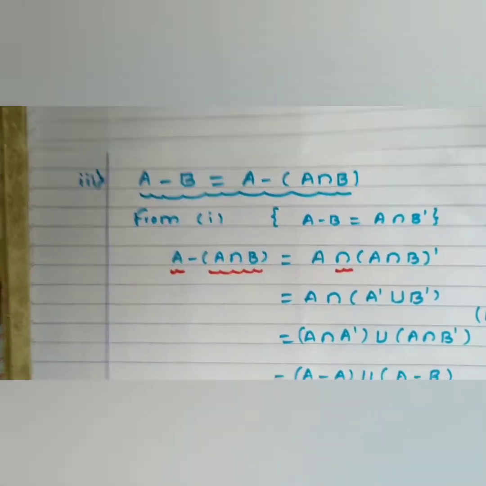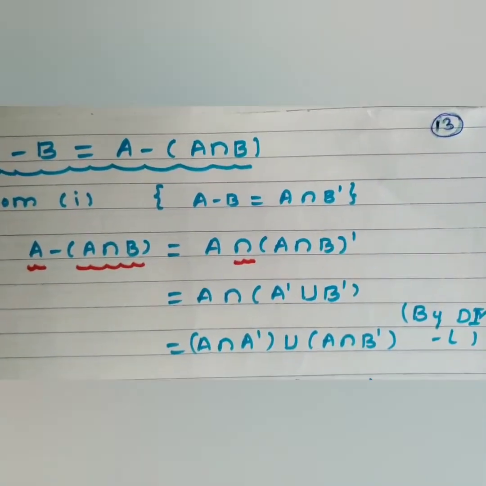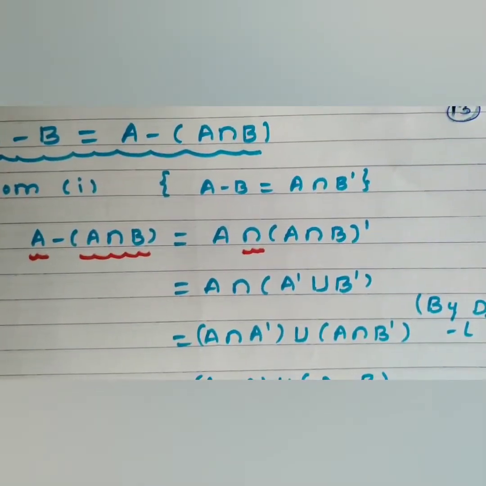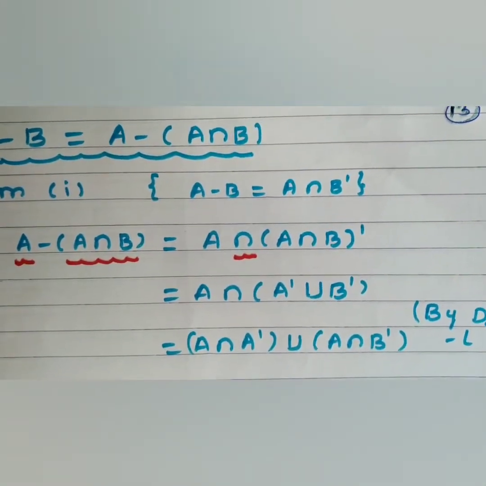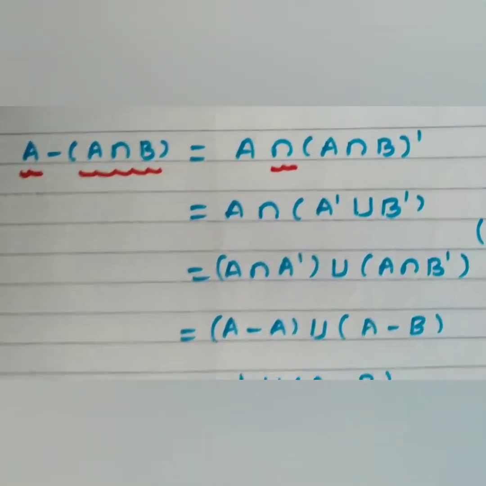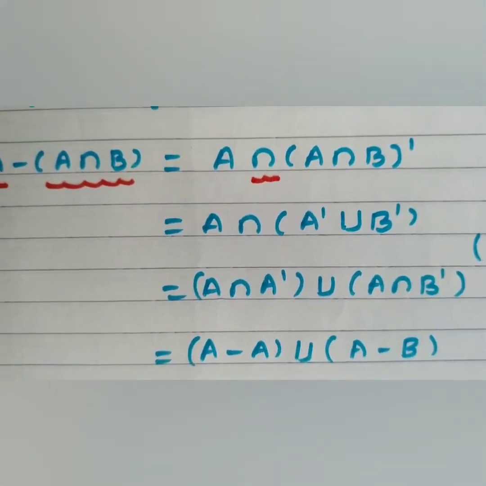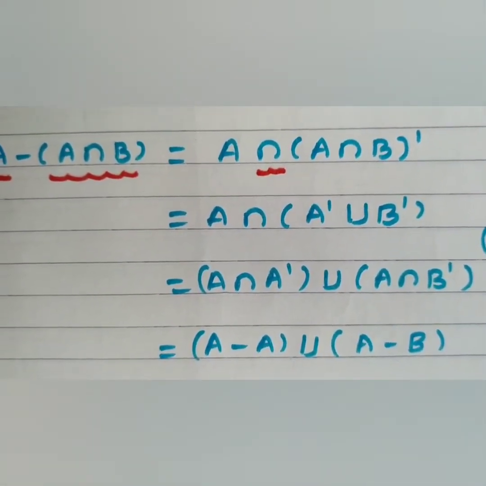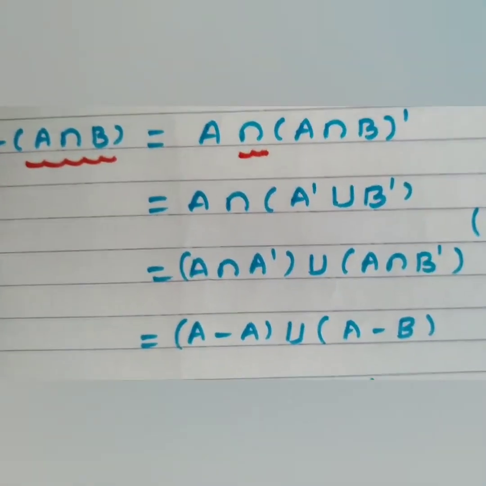You have to explain this by means of the distributive law. By the distributive law, A intersection has been distributed over A dash union B dash. It becomes A intersection A dash union A intersection B dash. What do you mean by A intersection A dash? Again from 1, we can read it as A minus A. Union keep as it is.